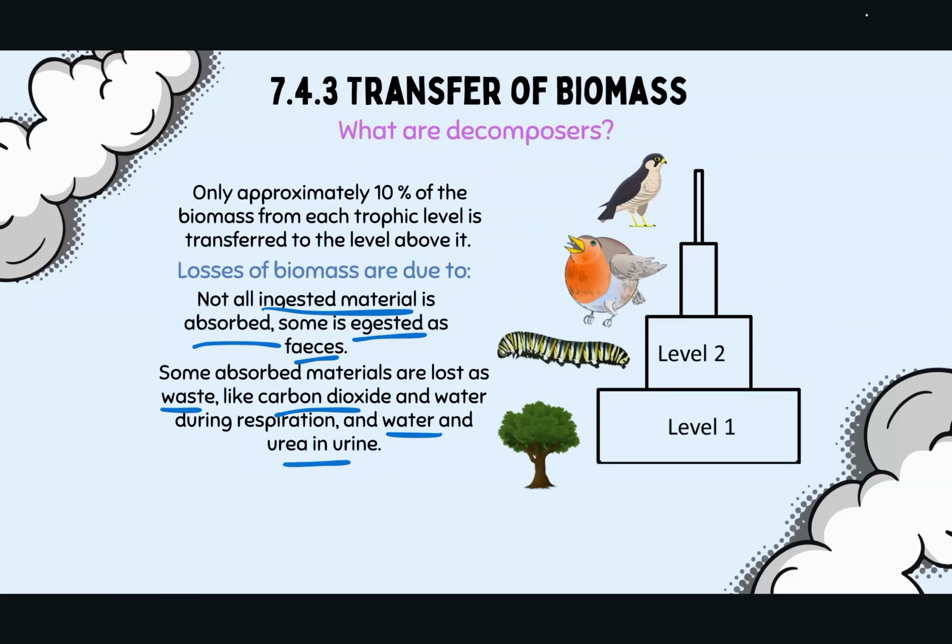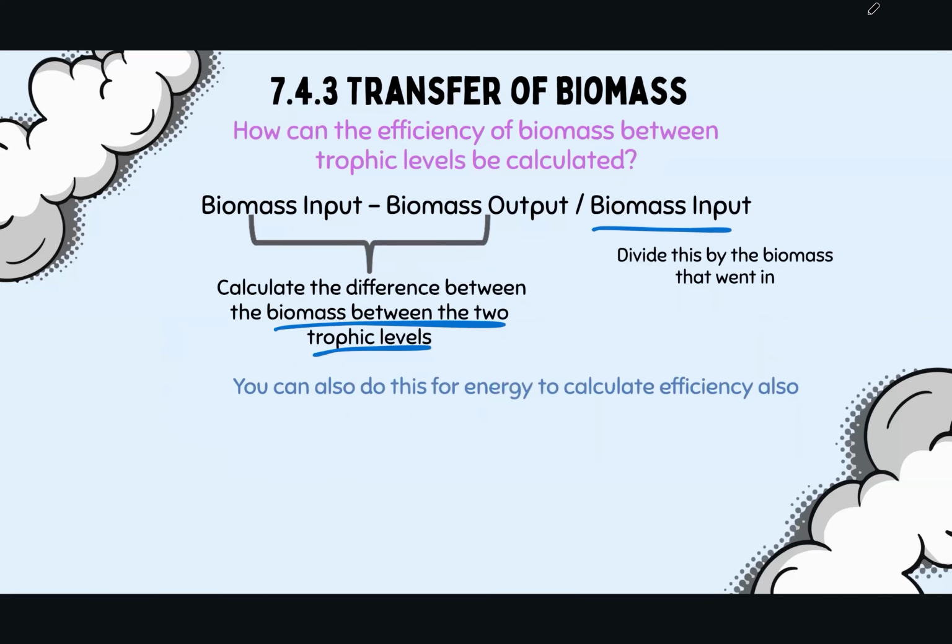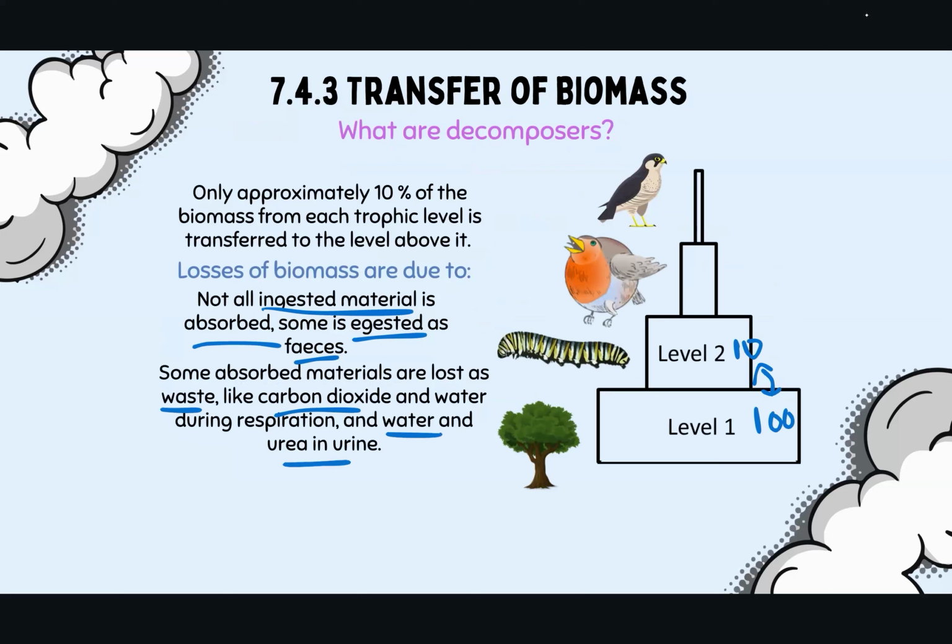For example, if we said 100 here and this is 10, from level 1 to level 2, we've lost 90. So 90 has been lost. So it'd be 100 take away 90, divided by the original, which is 100. So that would equal 10 divided by 100, 10%.